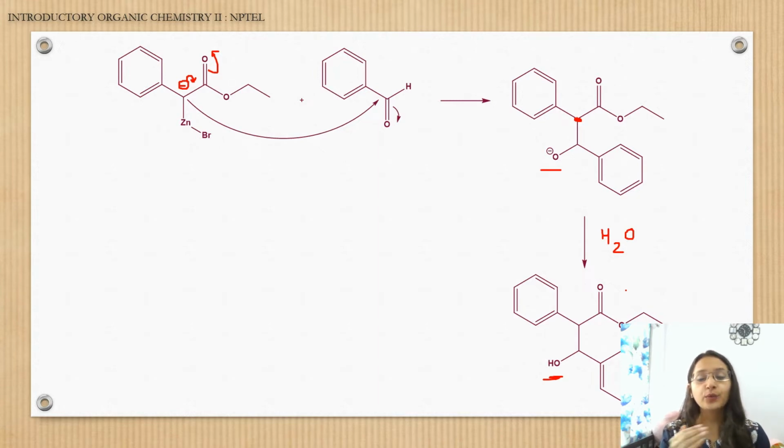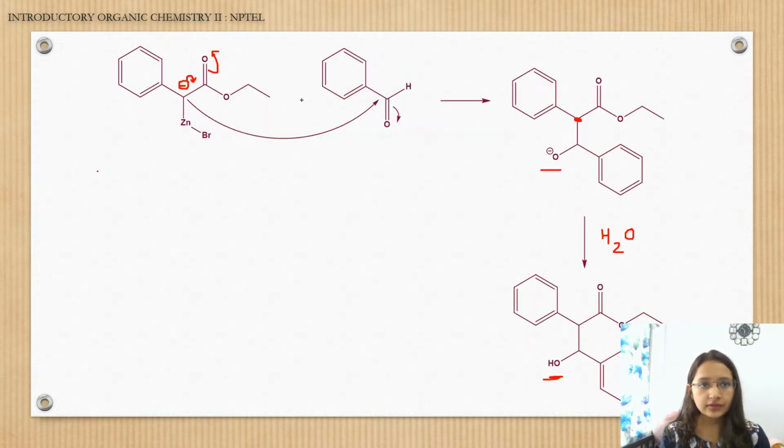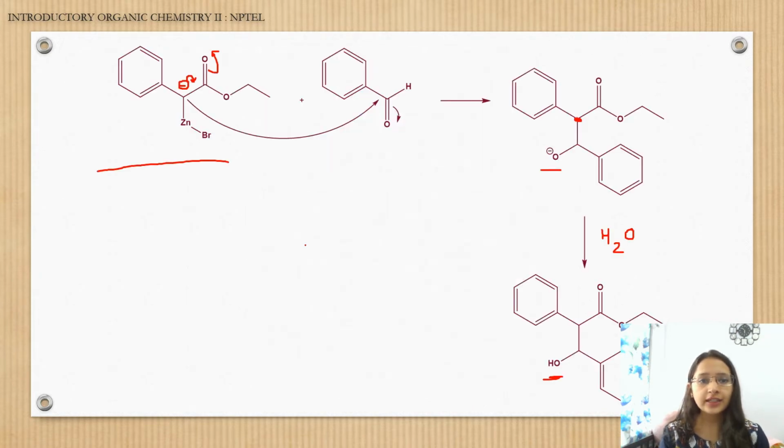So what happens here is, for a benzilic acid rearrangement to take place, you first have to have this benzil as the reactant, okay? So this kind of scenario vanishes here, because there is no 1,2-diketone system present. Of both the reacting species, is there any 1,2-diketone species present?